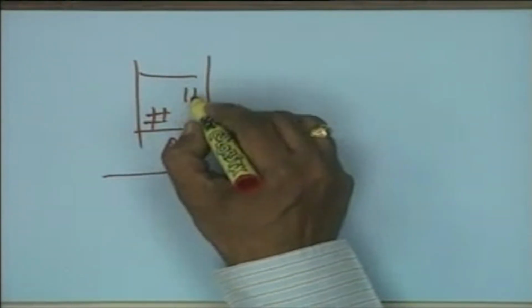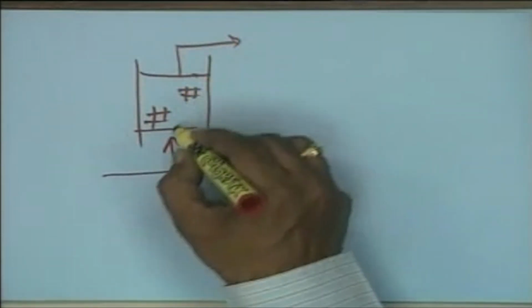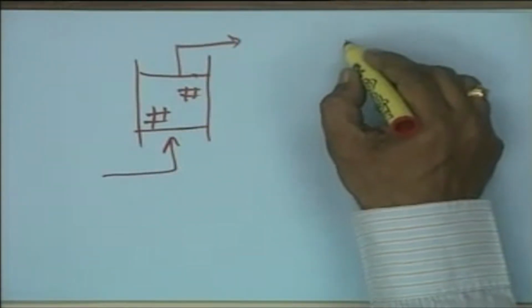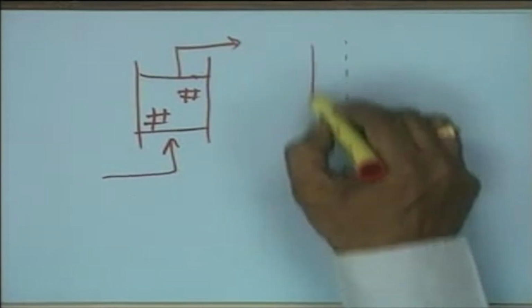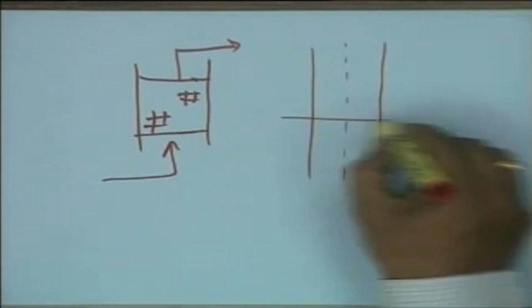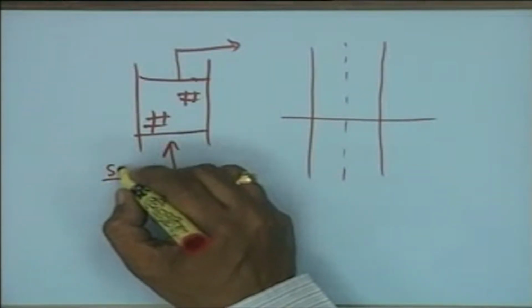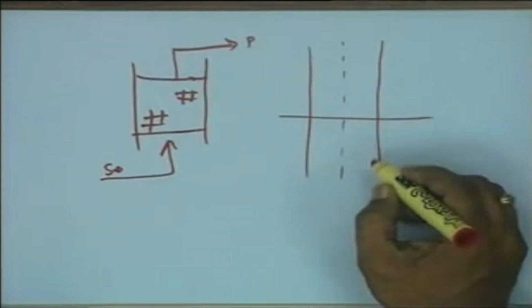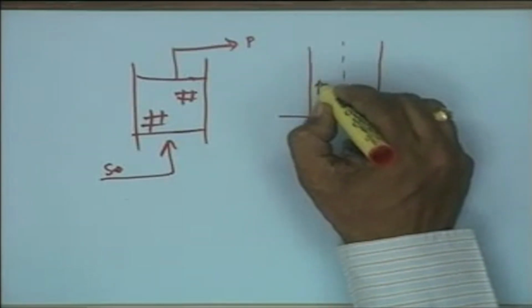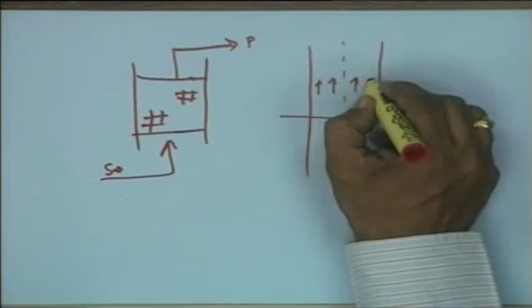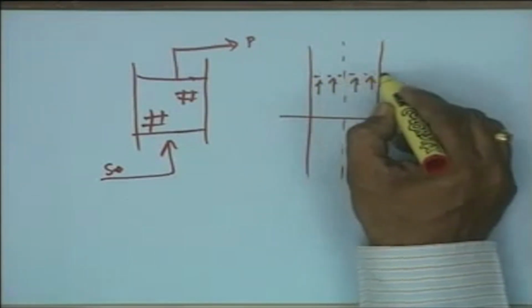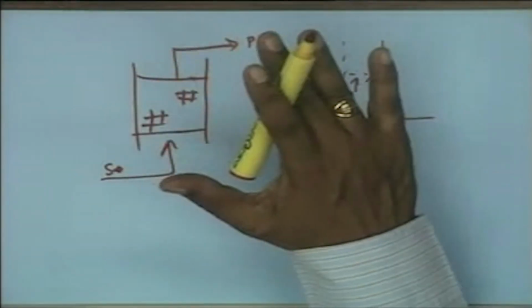What I am trying to say is that if you consider, say, an enzyme reactor, a plug flow reactor, and the central axis, the velocity profile of the feed, this is your S naught, this is the product stream, the concentration profile of the feed at any given cross section of the reactor is flat.